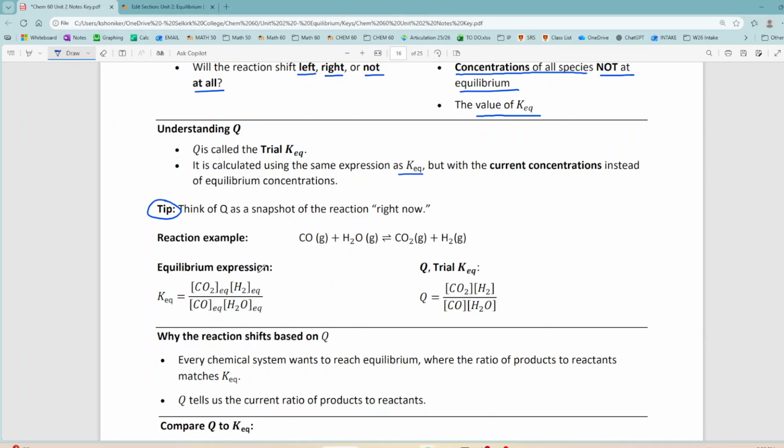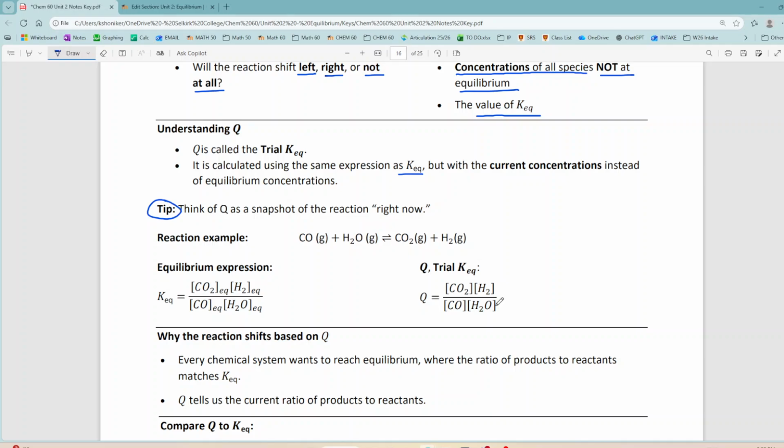So for KEQ, all of the concentrations are at equilibrium. Whereas with Q, which is your trial KEQ, the value of Q is going to equal the concentration of carbon dioxide times hydrogen divided by carbon monoxide and water vapor at any point in time. So not specifically at equilibrium.